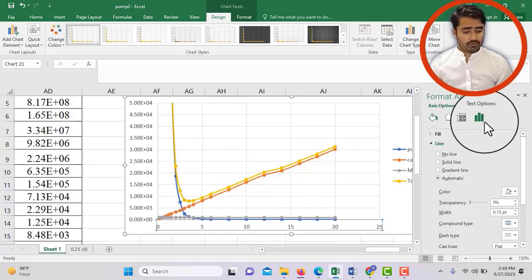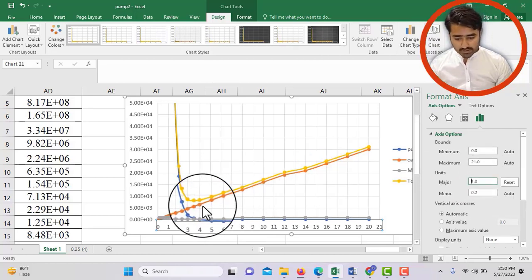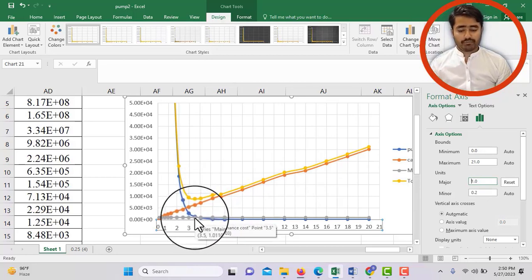Let me simplify it for you. As you can see, it is in between 3 and 4, so it is 3.5. So this is the most optimized diameter. At this diameter, you will get the minimum cost.